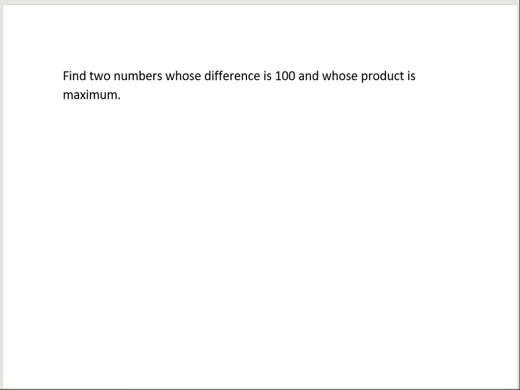So let's call them x and y. And their difference is 100. So difference means subtraction. And their product, which is multiplication, is maximum. So I'll call it m for multiplication. Their product is going to be x times y.